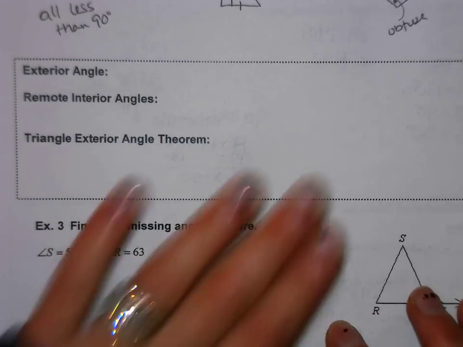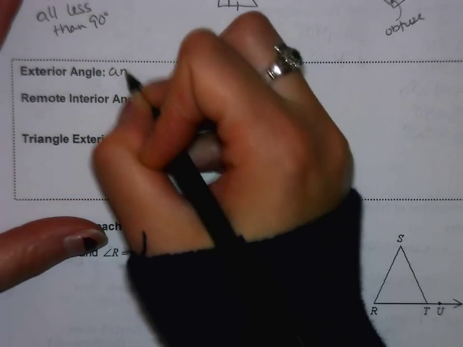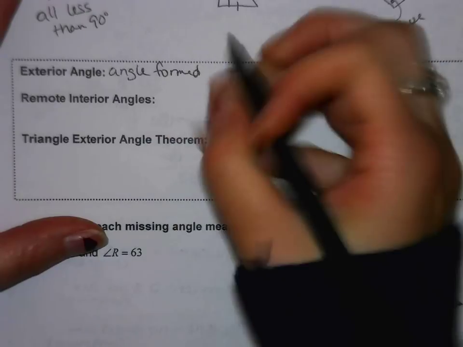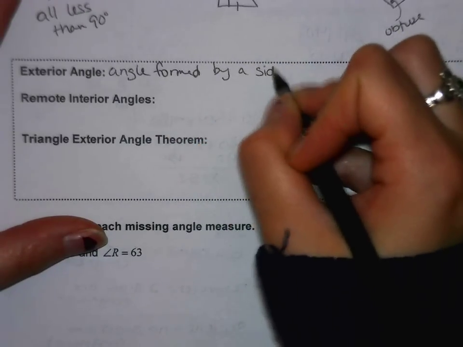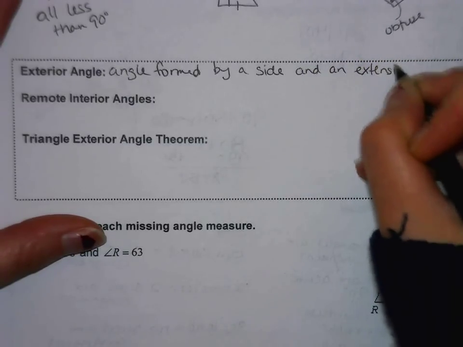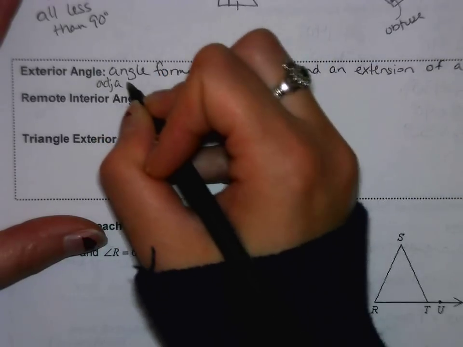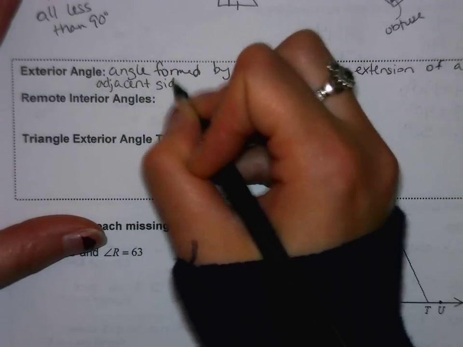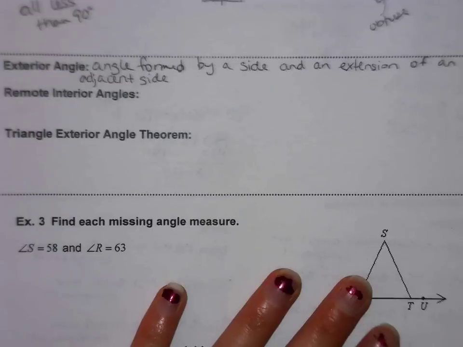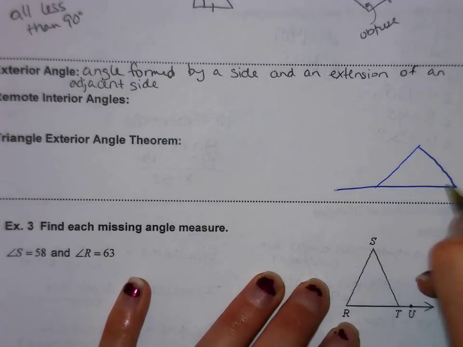Okay, still sticking with triangles, let's look at exterior angles. An exterior angle is an angle formed by a side and an extension of an adjacent side. Adjacent just means connected to it. If we look at an example, we have our triangle, angle 1, 2, and 3.